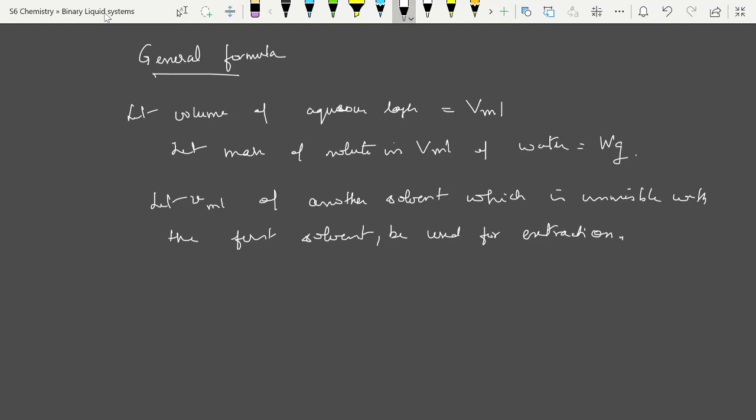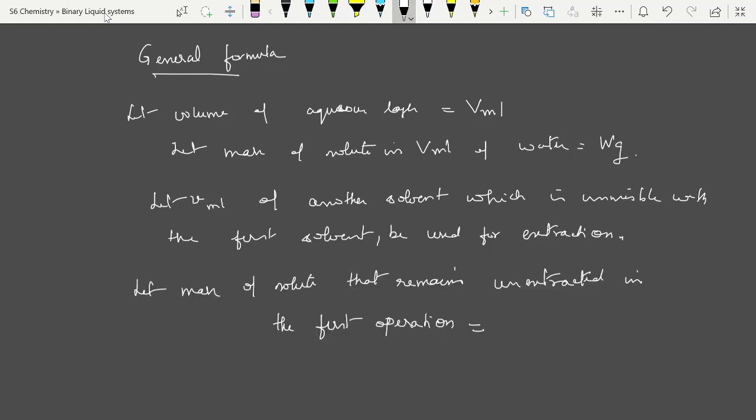Now let the mass of the solute that remains unextracted in the first operation be small W1 grams. That is, W1 grams is the mass of the substance that is unextracted in the aqueous layer. So, the mass of solute extracted in the organic layer will be W minus W1.